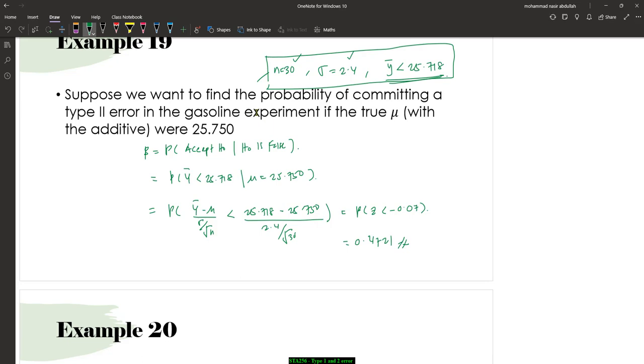It means that 47% of the time kita akan accept null hypothesis lah. 47% of the time kita akan accept null hypothesis, right?